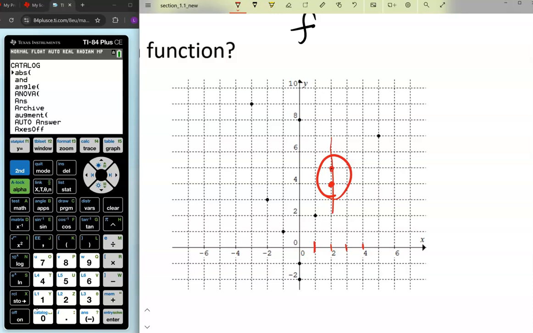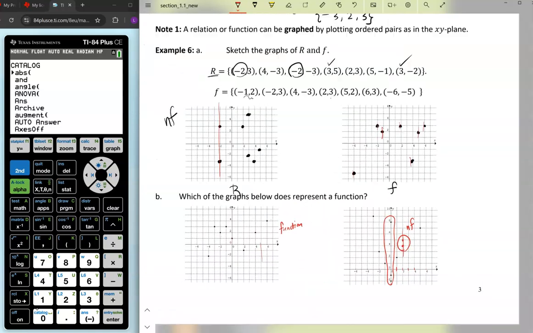So right here we have 2 values repeated, and that makes this not a function. Now there's other repetitions. I believe if you look at the y-axis, which represents x equals 0, everywhere along the y-axis, x equals 0, we've got 3 of them repeating, and that as well makes it not a function.